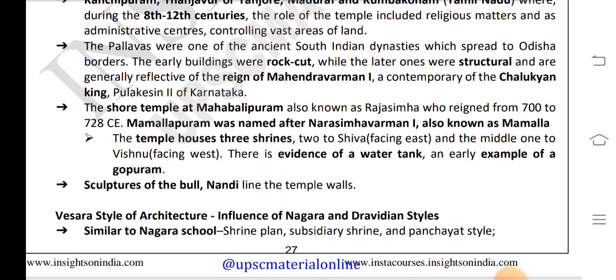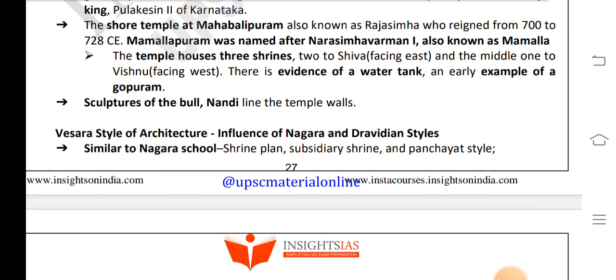The early buildings were rock cut, while the later ones were structural, and generally reflected the reign of Mahendravarman I, the contemporary of the Chalukya king Pulakeshin II of Karnataka.